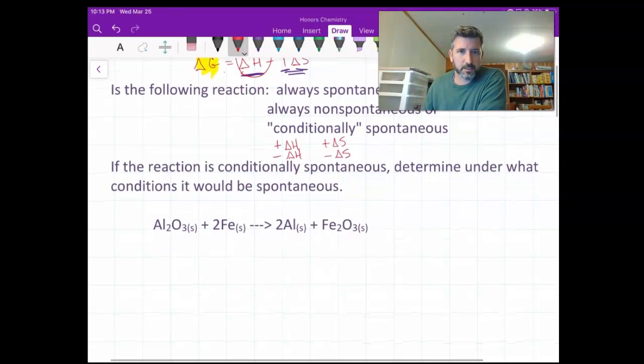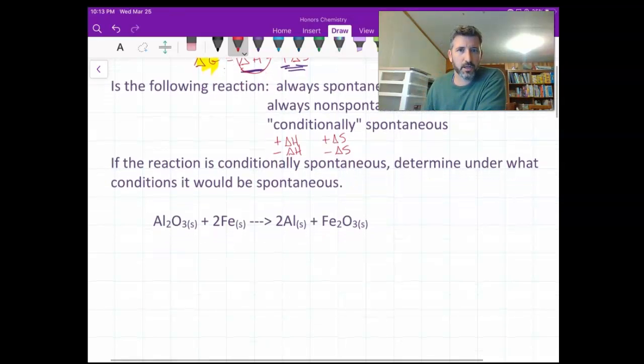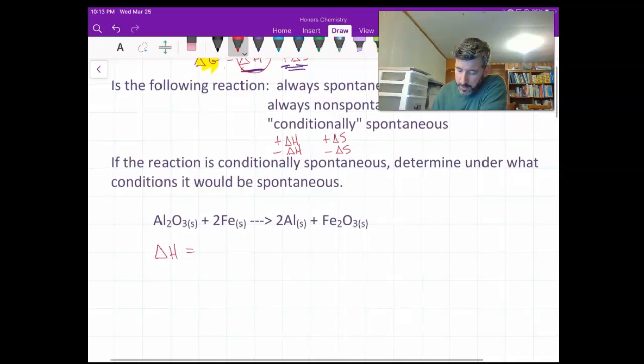The question says, is the following reaction always spontaneous, always non-spontaneous, or conditionally spontaneous? So the first thing we're going to have to do is figure out the delta H for this reaction. And remember that we're going to go to the table and we're going to use products first, all right?